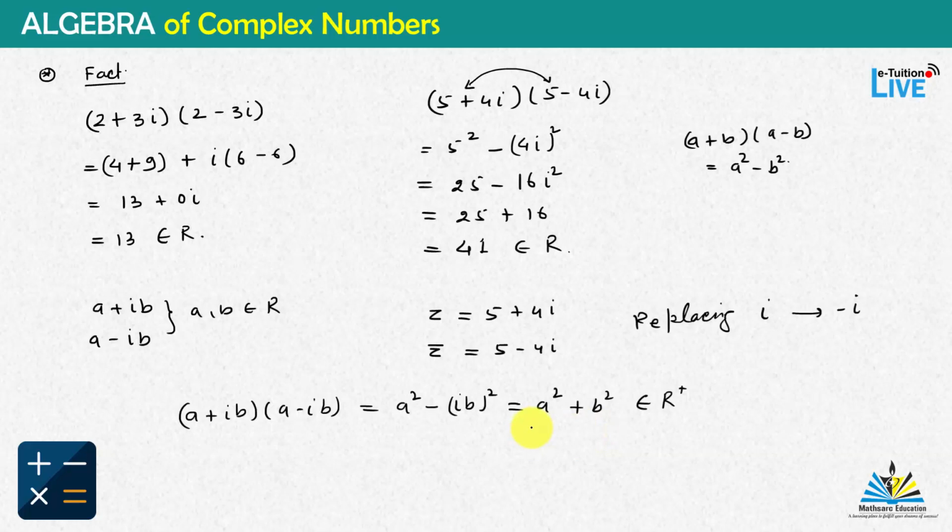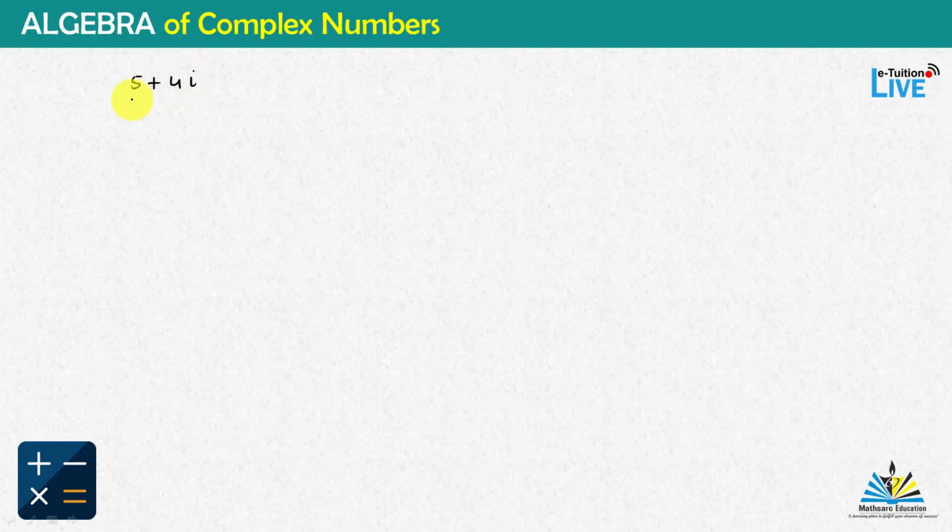To have a real number in the denominator, we multiply numerator and denominator by its conjugate. Let's understand by an example: 5 plus 4i divided by 3 minus 4i. We know the fact, if we multiply 3 minus 4i by 3 plus 4i, then the denominator becomes purely real.